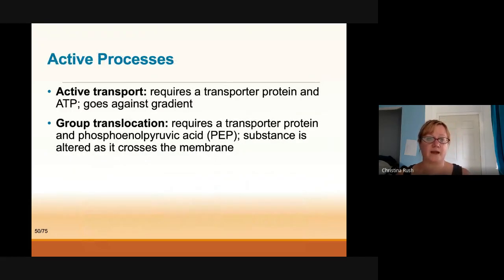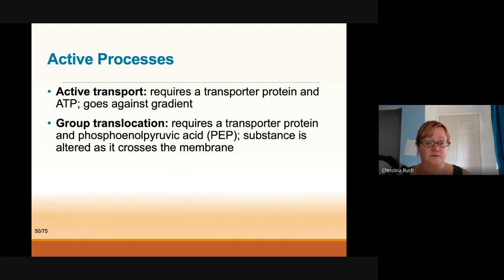So let's move on to our active processes. Active processes are going to require energy, ATP. So they'll require a transporter protein, ATP, and can go against the gradient. So it can go from areas of low concentration to high concentration. It can go uphill.